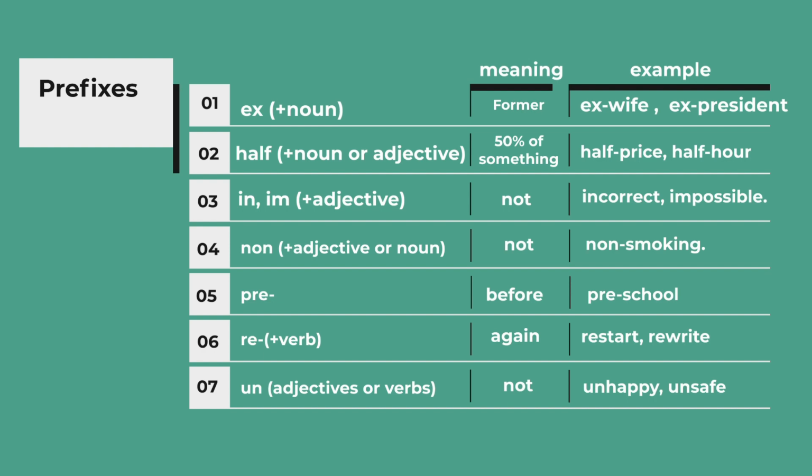And the prefix re, which is usually used with verbs, means again. For example, restart, rewrite. The prefix un can be used with adjectives or verbs, and it means not. For example, unhappy, unsafe.